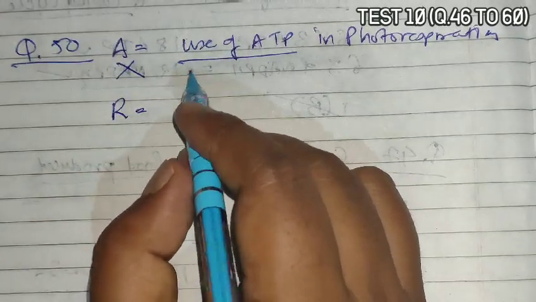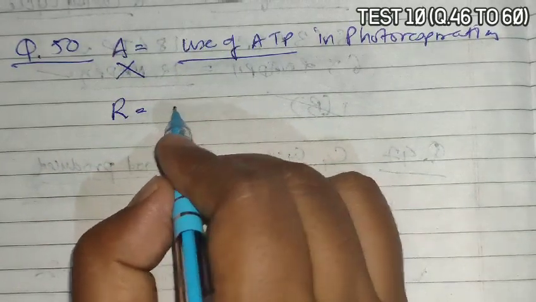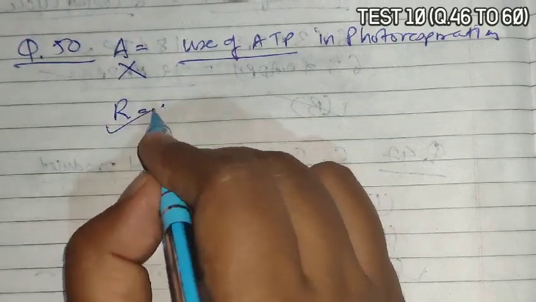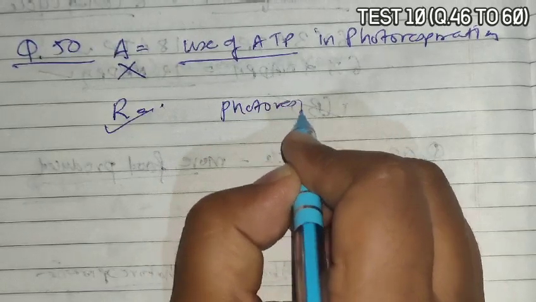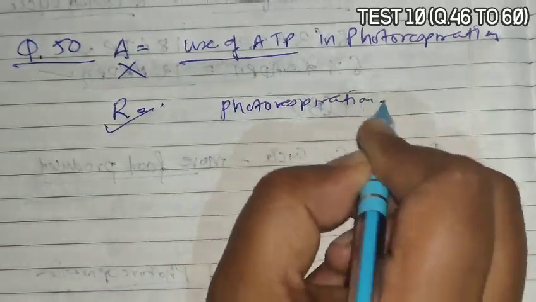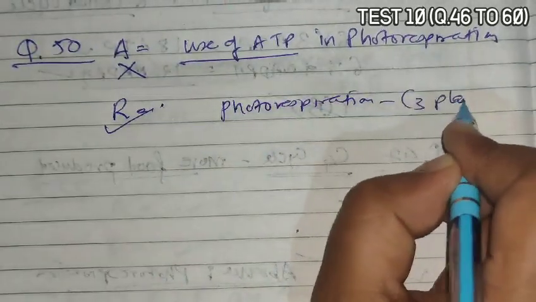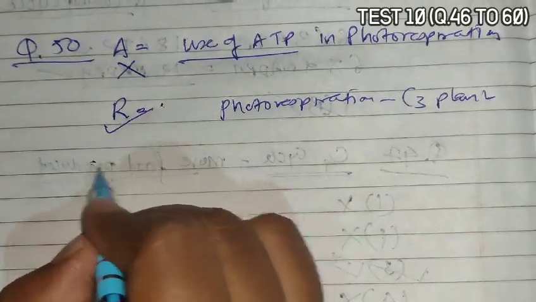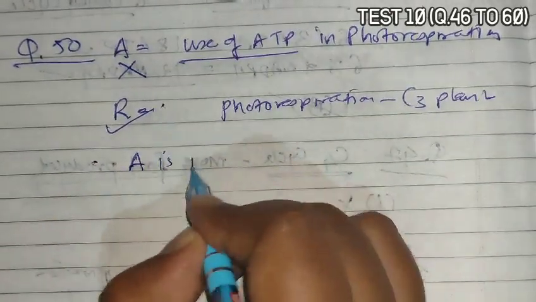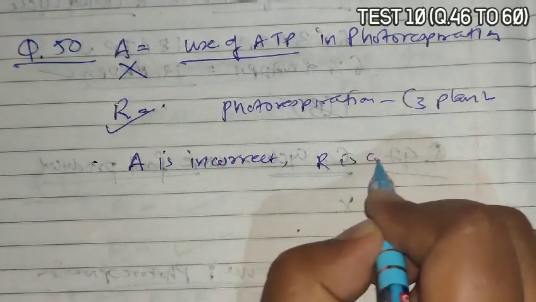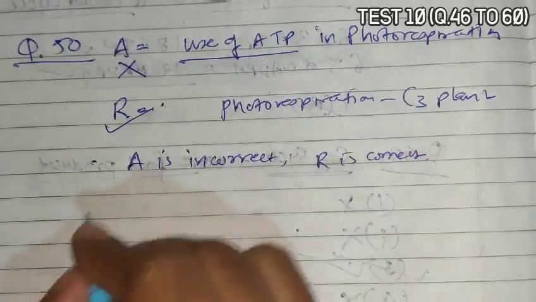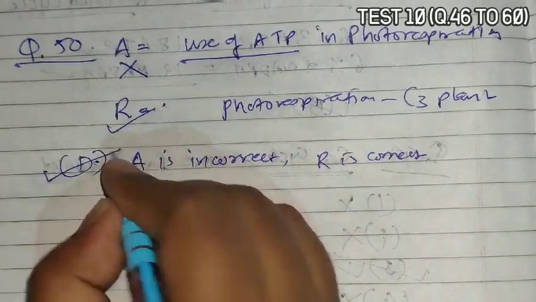That is correct, obviously, because photorespiration occurs in C3 plants. So A is incorrect and R is correct. So D becomes the correct answer.